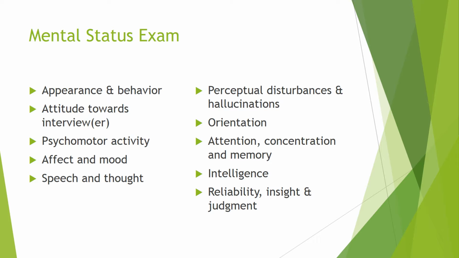And so they talk in the book again about a couple of different ways to assess that. Briefly, you're not going to have an IQ score. You're simply going to have a sense of the person's intelligence. And then lastly, the final factor that they talk about is, are they cognitively functioning pretty well, intact? Do they appear to have good insight? Do they appear to have good judgment? We want to just see how those factors may be affected by the presence of a mental illness if there is such a condition.